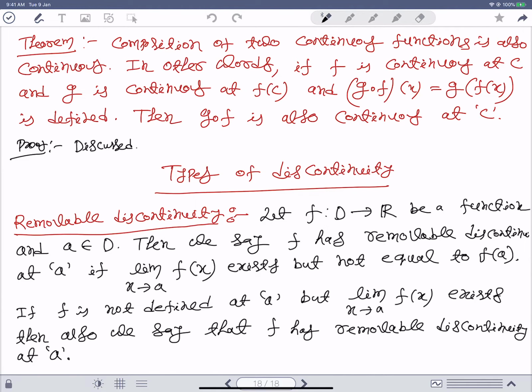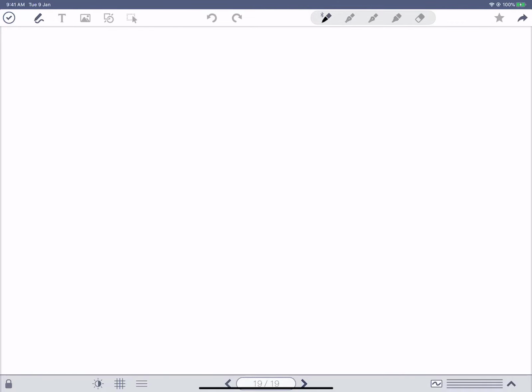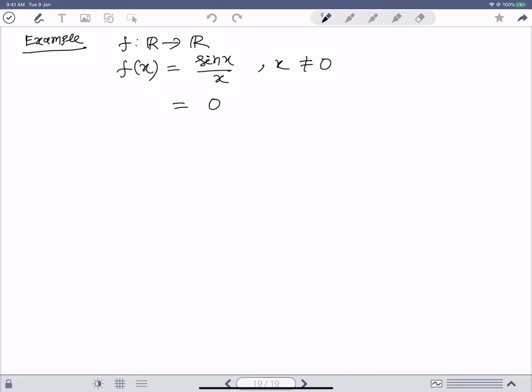Fine. Now we can see one example. Say f from R to R defined by f of x equal to sin x by x when x is not equal to 0 and equal to 0 when x equal to 0. Now here what is my limit as x tends to 0 of f of x?